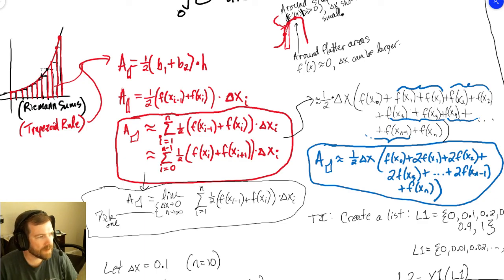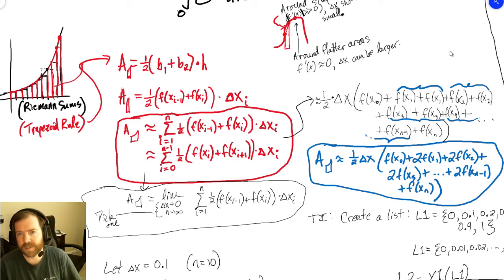And then the other part is Simpson's rule. So with the Riemann sums, you're chopping the extra bit from the right Riemann sum in half.